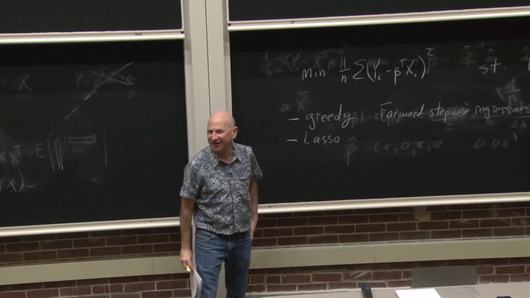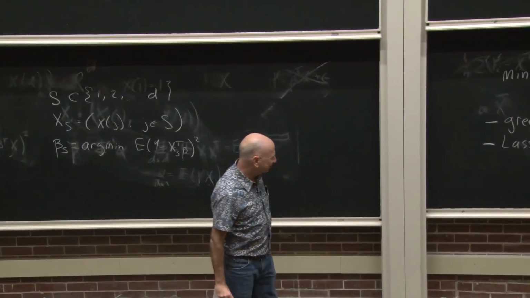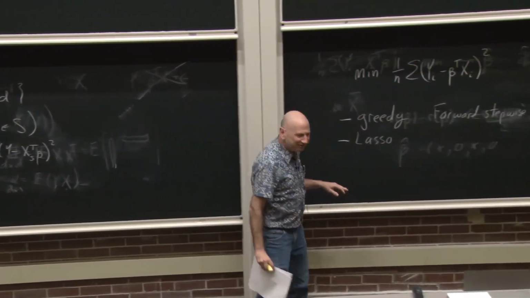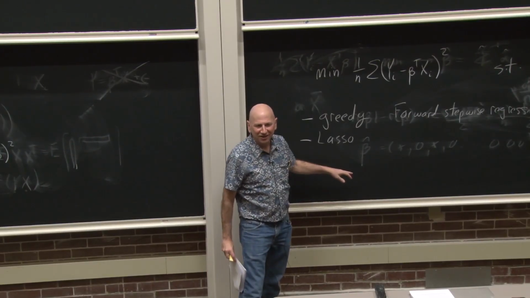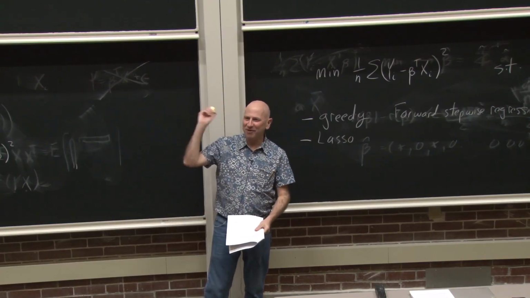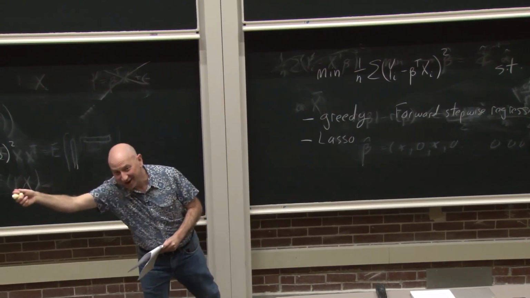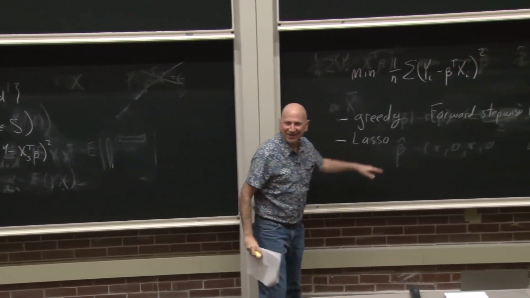I can't even remember what it stands for. And it's too late to change the name now. What was it? Least absolute shrinkage and selection operator. I mean, he had this idea that it was like, cowboys have this lasso and you reach out and you grab some variables.